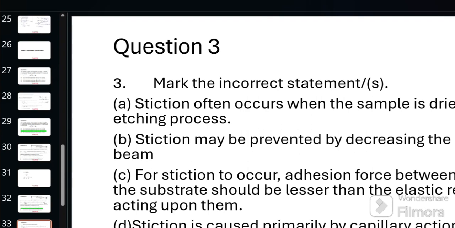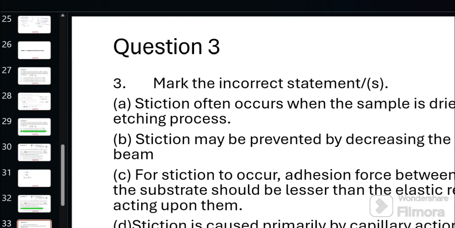So to question 3. Mark the incorrect statements. Stiction often occurs when the sample is dried after the etching process. Stiction may be prevented by decreasing the thickness of the beam.